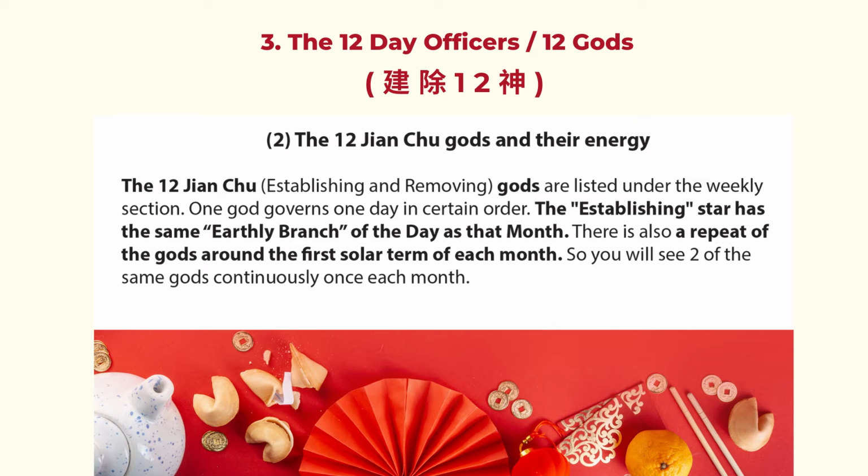There are 12 gods, each one represents a certain energy, and they are in a certain order, so each day brings a certain energy to that day. And the idea is to match your event with the energy of the 12 gods. Then that will be a lucky day for your event.